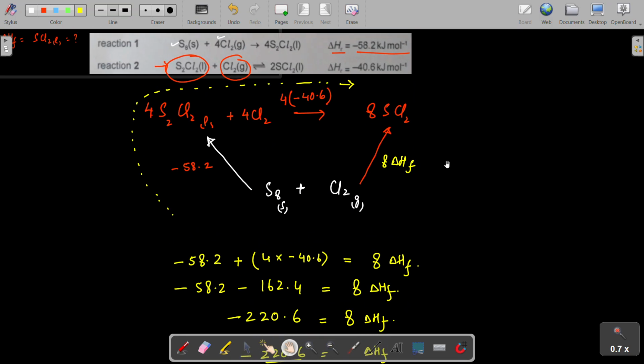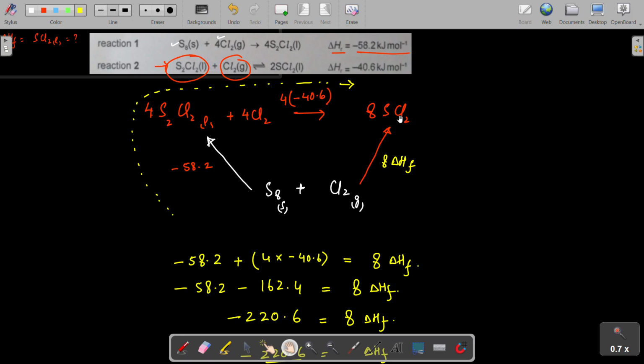There is another way by which you can solve it. If you just divide this 58.2 by 4, you will get the delta H formation of S2Cl2, and there will not be any need to multiply this whole equation by 4.